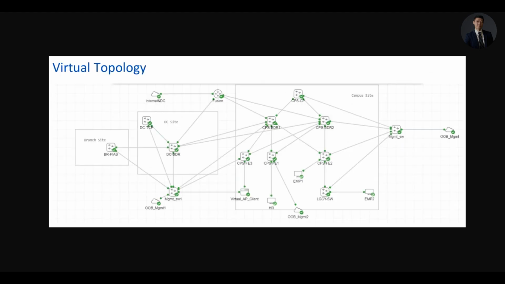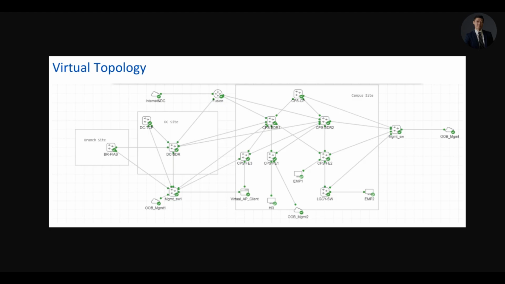We have the border and control plane in the campus site and edge 1, 2, 3 edge devices, and we have a border in the DC site, with a control plane also. I have a branch site, fabric in a box, FIAB. Okay, that's the whole thing about my topology.